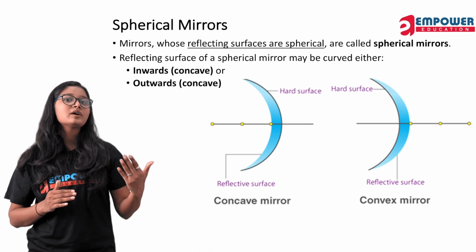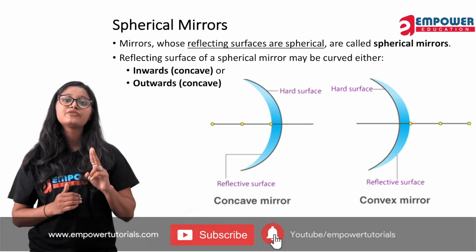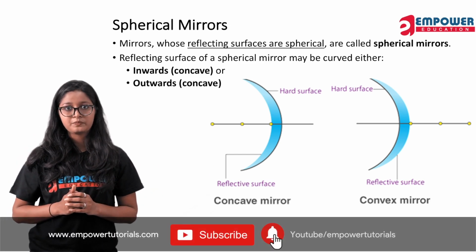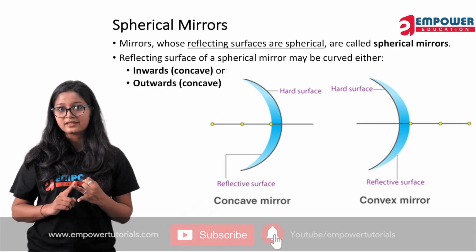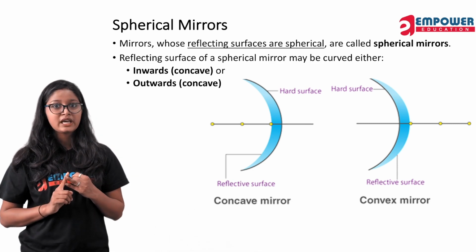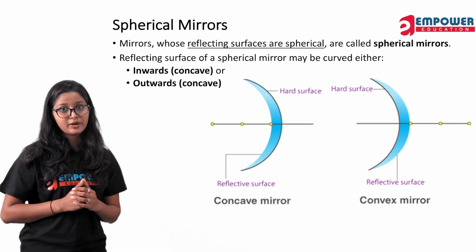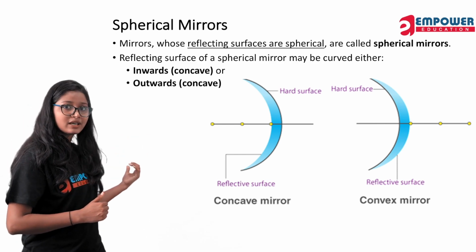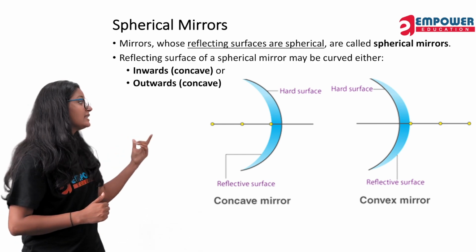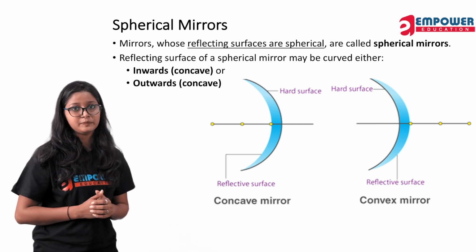Now, when I talk about spherical mirrors, we have two types of spherical mirrors. First is the concave mirror and second is the convex mirror. If you have a look at the diagram here, I've given you two images. One is of a concave mirror and the next is of a convex mirror.